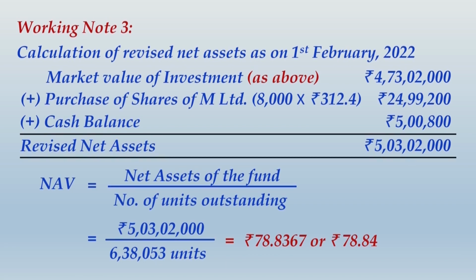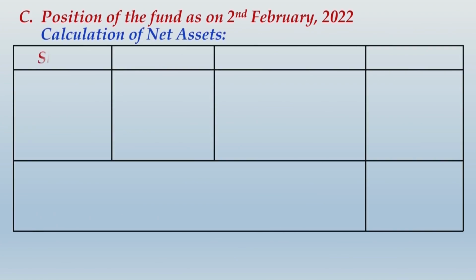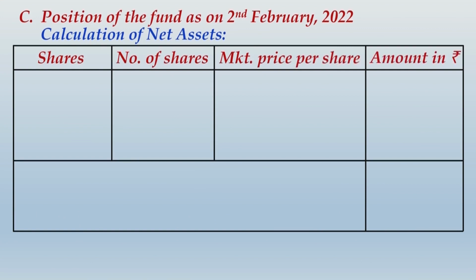Alright friends, after you have completed this working, let us move ahead and deal with the last part. Here you have to find the position of the fund on 2nd February 2022. You now compute the net assets following the same approach. For each company, take the number of shares multiplied by the market price per share. However, the market price that you will now consider will be the market price prevailing on 2nd February 2022.